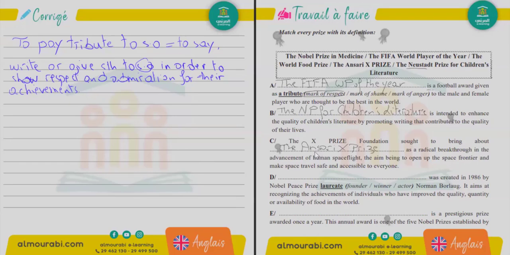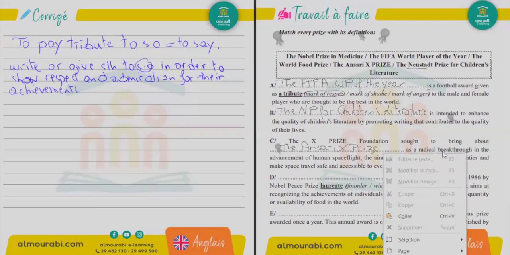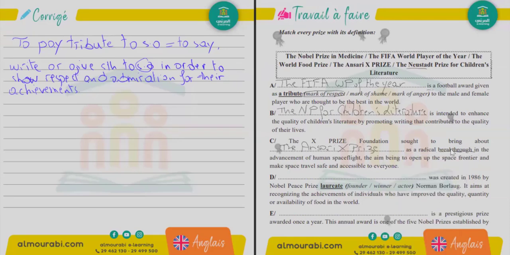Right. Let's note that Ansari is the first Pakistani woman to become an astronaut. Okay, so she established that prize as a radical breakthrough in the advancement of space flight.